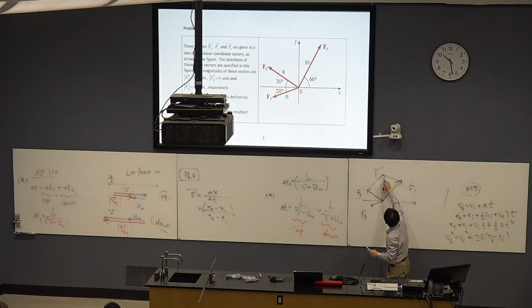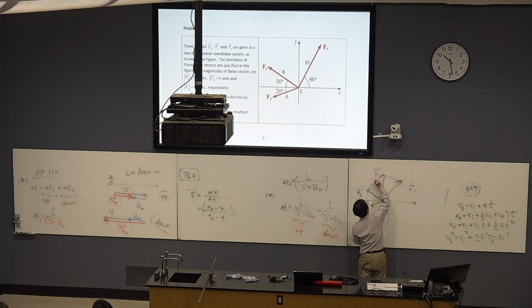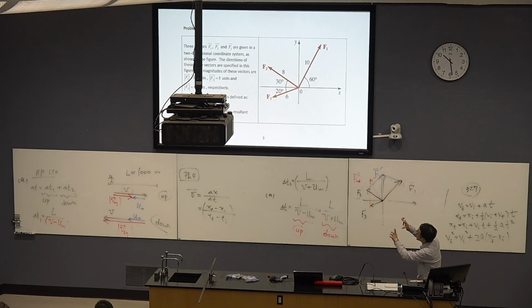And then you start with F prime and consider F prime and F3. They will also form two adjacent sides of a parallelogram like this, right? Then you can consider the diagonal again, and this will be your F net. Your F net will be in the second quadrant. Then when you see the two components, you do the algebra, right? Figure out the two components of F net.